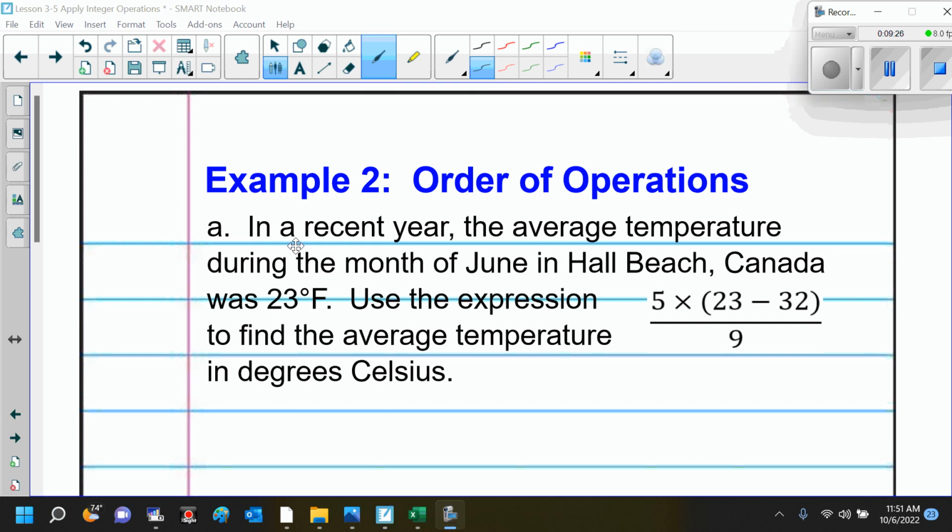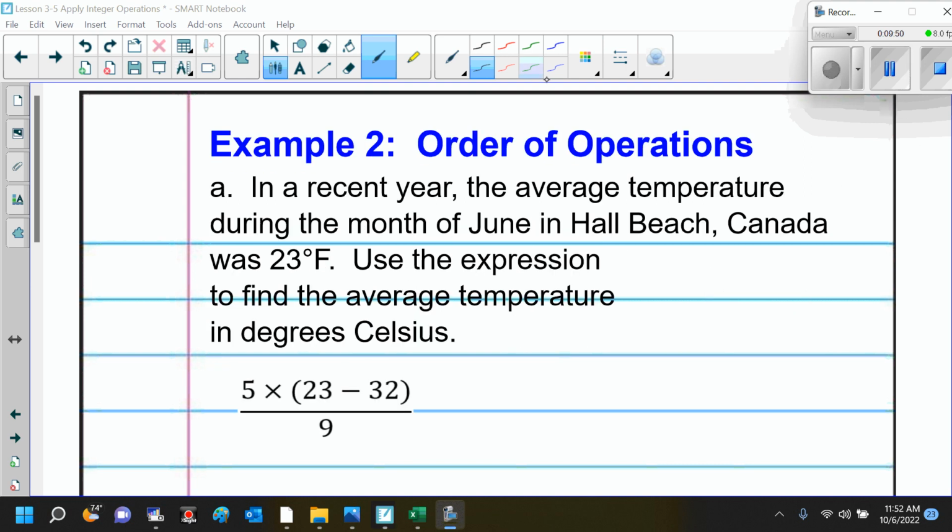Example 2 is order of operations. In a recent year, average temperature during the month of June in Hall Beach, Canada was 23 degrees Fahrenheit. We want to use this expression right here to find the average temperature in degrees Celsius. Now, again, we want to use our GEMDAS.